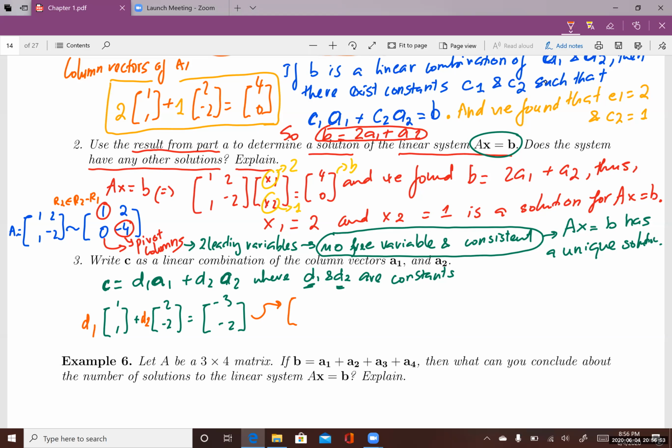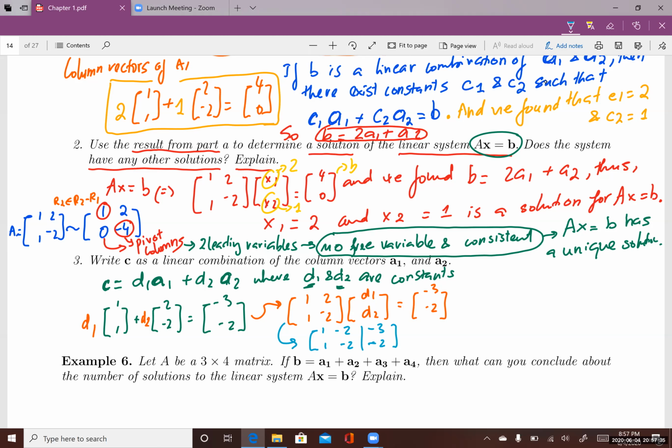So I would have matrix A, 1, 1, 2, -2, and D1 and D2 would be a column vector, and equals -3, -2. And in order to find D1 and D2, remember, you just need to transform this into an augmented matrix, because this is a linear system of equations. You want to transform it into an augmented matrix here, and you solve for this system. That is when you find D1 and D2, which are just the variables.